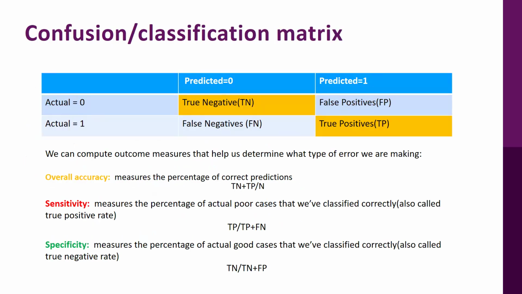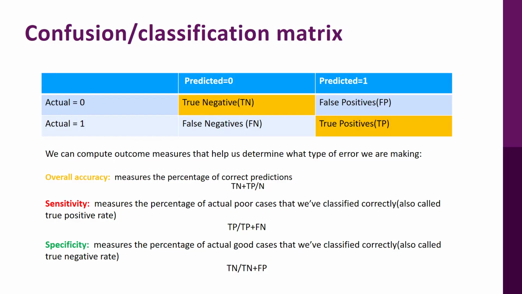That would help you to build your confusion or classification matrix. Any logistic regression model needs to be tested using the confusion matrix, where the accuracy of the model can be predicted and found.